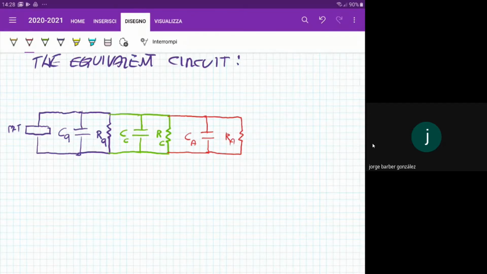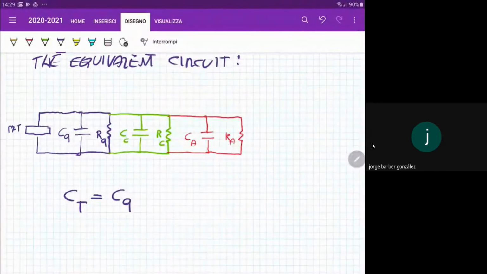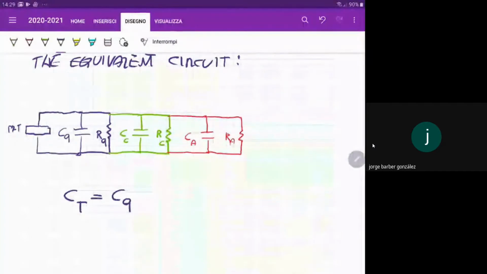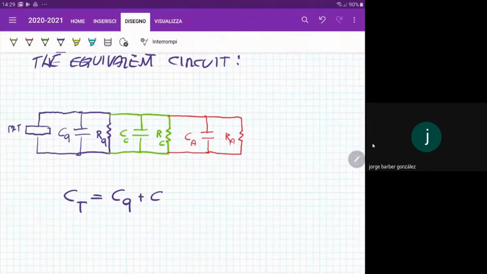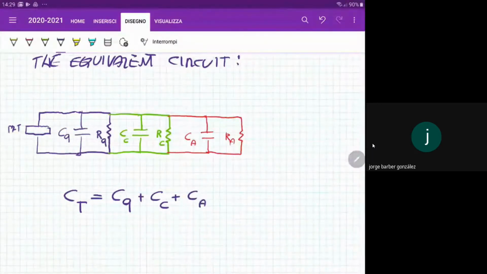So the total capacity of the equivalent circuit is given by the summation of the capacitor corresponding to the PZT, the capacity corresponding to the cable, and the capacity corresponding to the amplification stage.